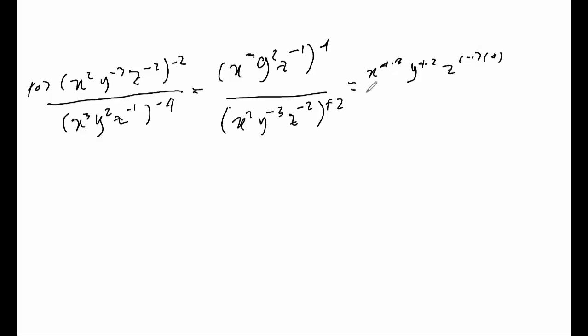And that's what I have on top. And similarly, I'll do for the bottom. So I have x to the 2 times 2, because I'm bringing a positive 2 in there, and then y to the 2 times negative 3, and then z to the 2 times negative 2.